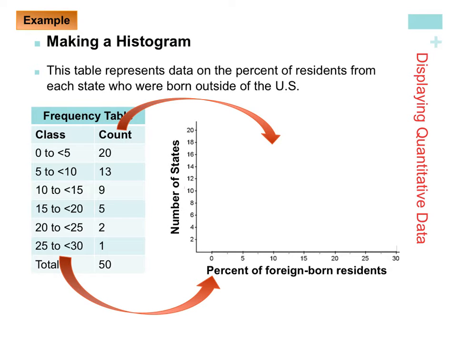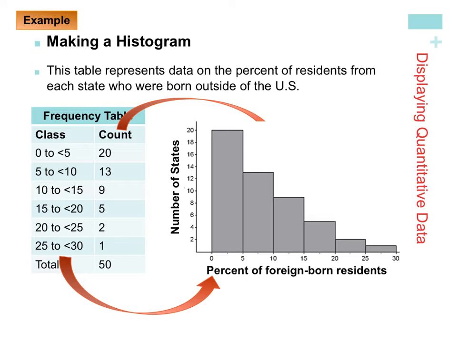All right, so making one here. I want you guys to try out and see if you can make a histogram based on this frequency table. The bins, the range is already kind of set up for you with the count as well. Here's an example of what that histogram would look like.